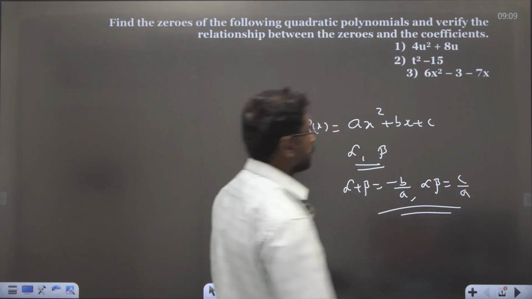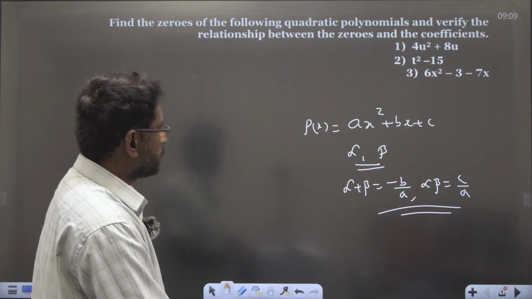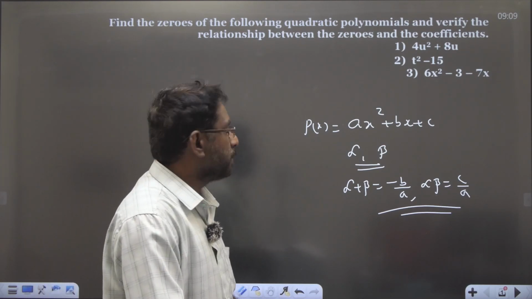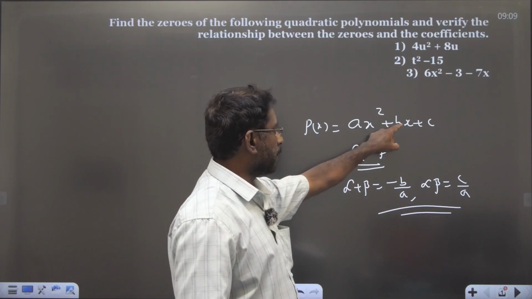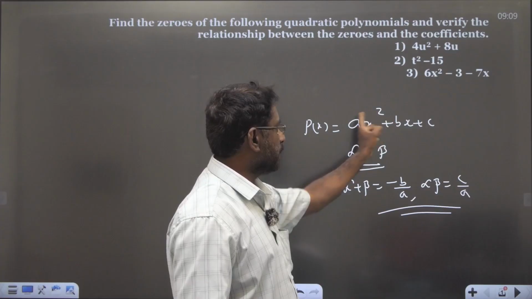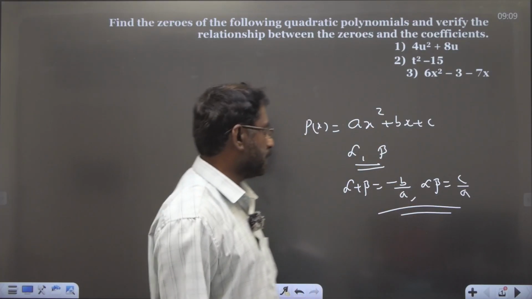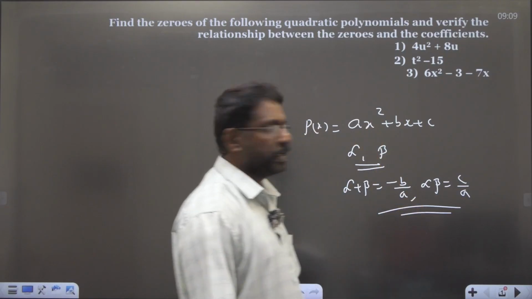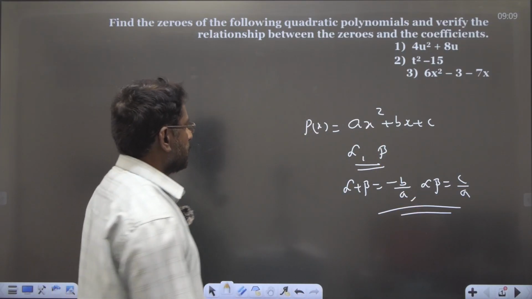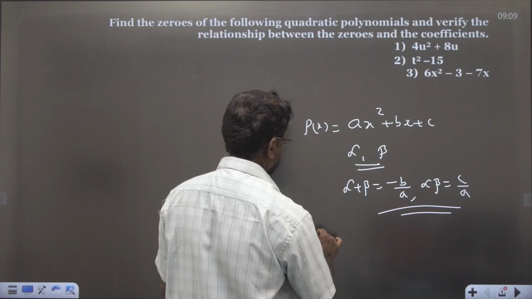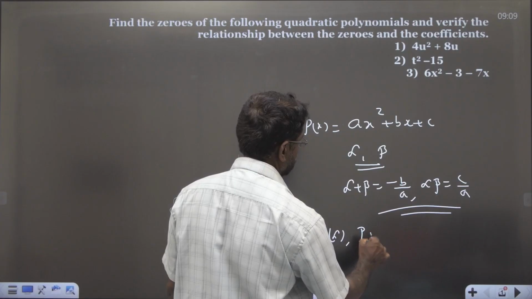This is a very important property regarding the zeros of a second degree polynomial. Sum of the zeros is equal to minus coefficient of x divided by coefficient of x square. Product alpha beta is the constant term divided by coefficient of x square. This is the fundamental result. Then the zeros are those values where p of alpha and p of beta are zero.